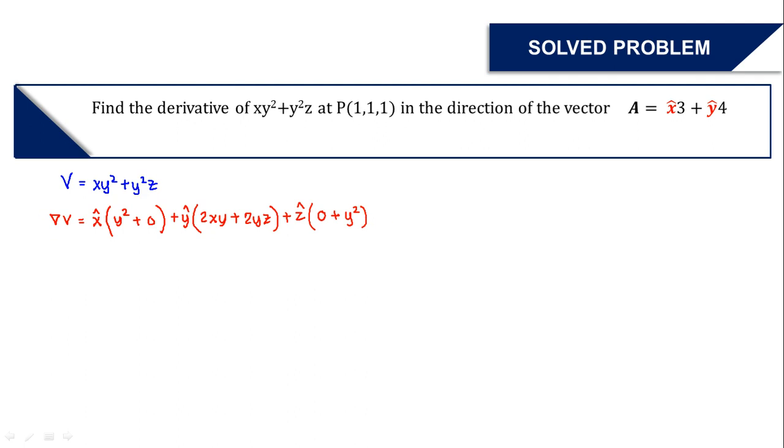So, rewrite lang natin ulit yung ating equation ng gradient. So, we have x hat y squared plus y hat 2xy plus 2yz plus z hat y squared. Okay? So, anong susunod?